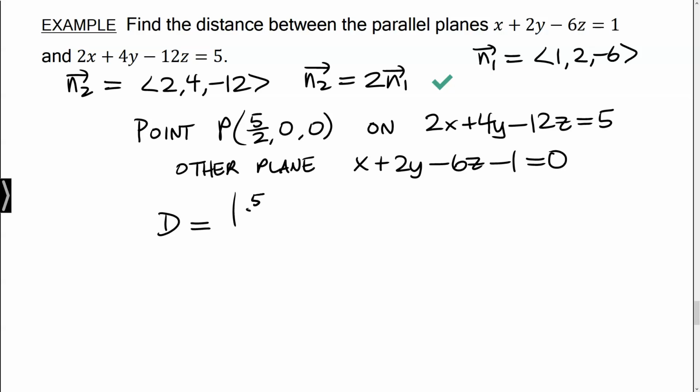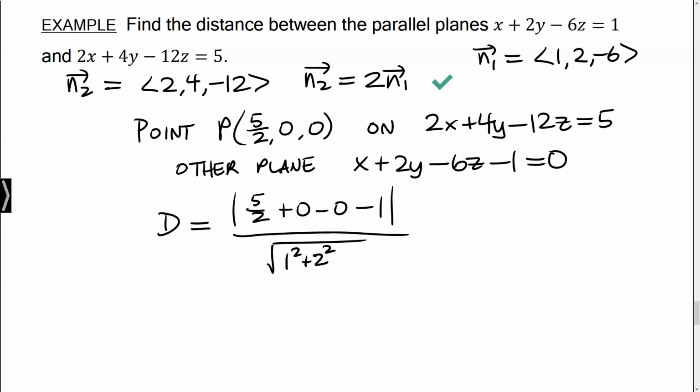So that's going to give me 5 halves plus 0, minus 1, all in absolute value, divided by square root of 1 squared plus 2 squared plus 6 squared. So it turns out to be 3 halves, divided by, that's 36 and 1, 36 and 4 is 40, another 1, square root 41. Okay, so I get my distance to be 3 over 2 square root 41.